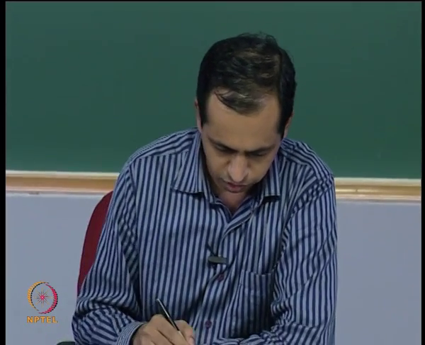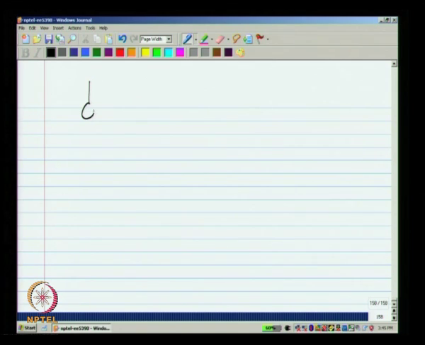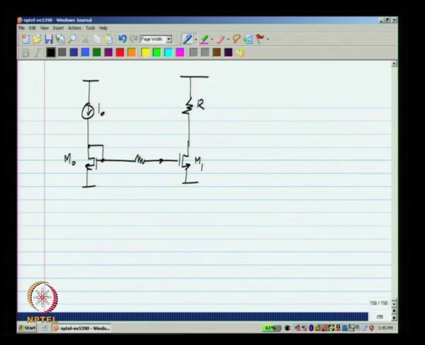I will quickly show an example. So, one way of making a common source amplifier with a constant current biasing is to use current mirror biasing. Let us say M0 and M1 are identical, and this is some R bias that is very large, and we AC couple a signal to the gate of M1.